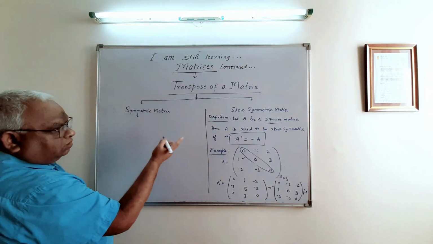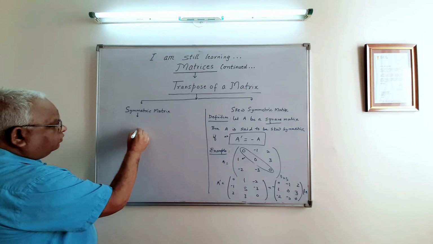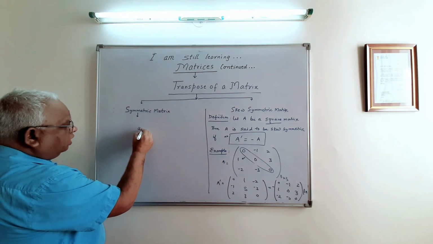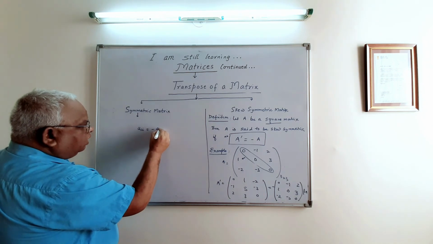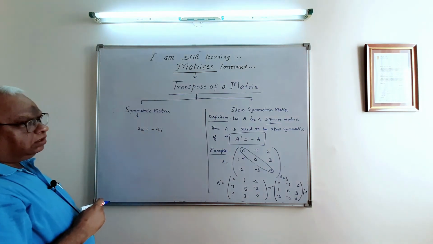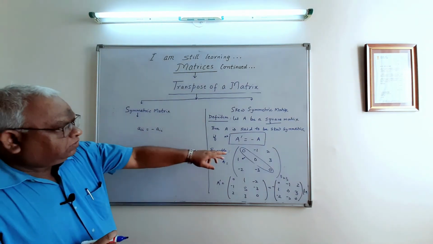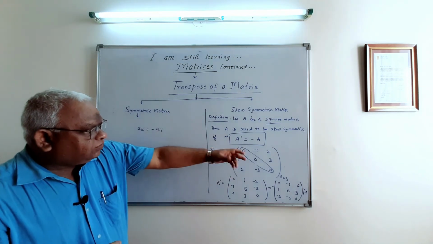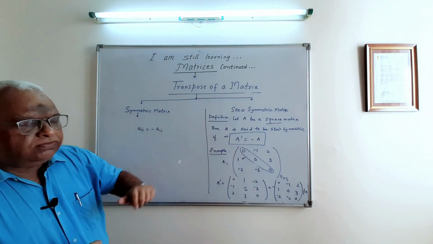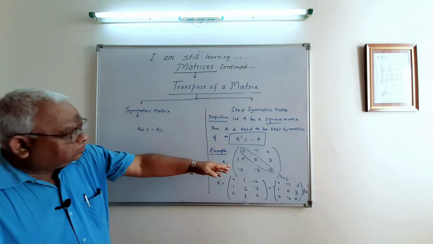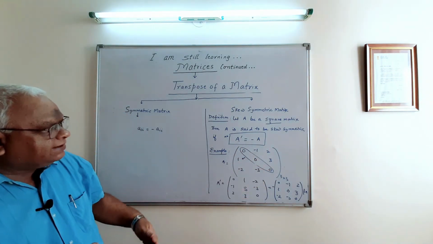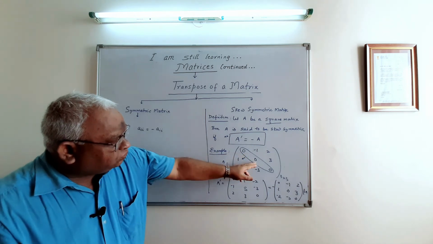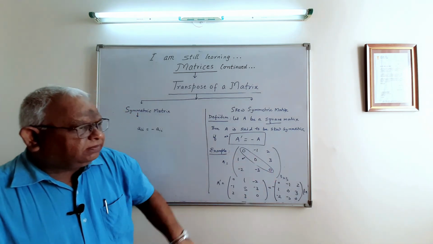So what happened? Aii is equal to minus Aii, because if you take A11 transpose, you will get back 1 only. You take 2 you will get 2 only. They will not change the place. So 1 will remain 1, 2 will remain 2, 3 will remain 3.